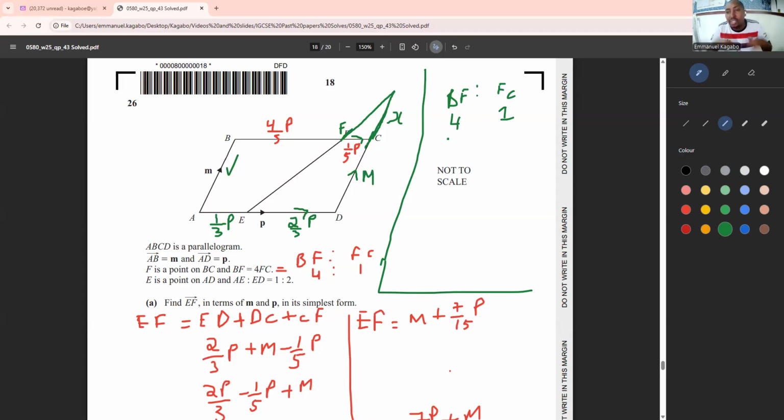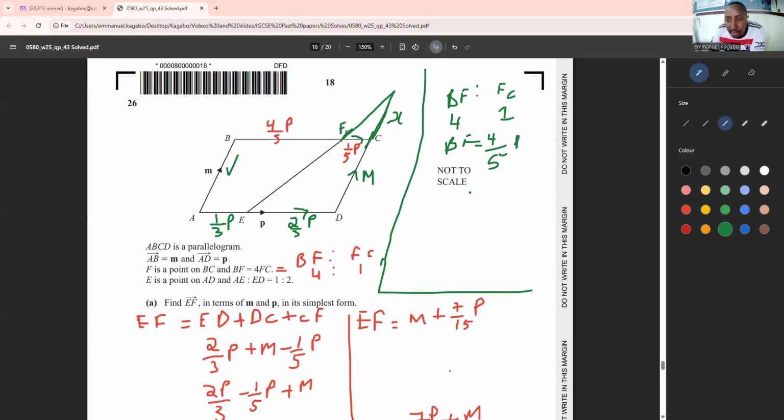So BF is 4 times the FC. So if that's the case, FC is 1 and the BF is 4. So the total ratio is 5. So BF is going to be 4 over the total ratio, which is 5, of the whole line. The whole line is P.